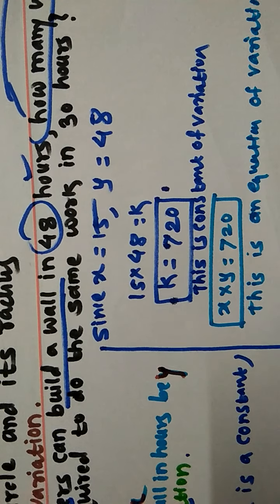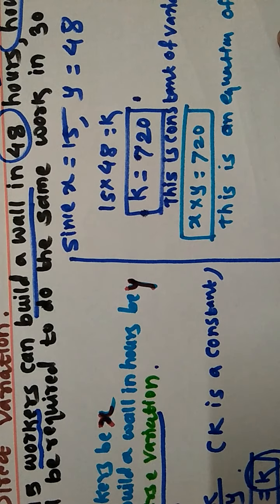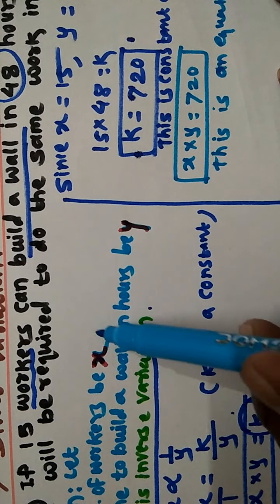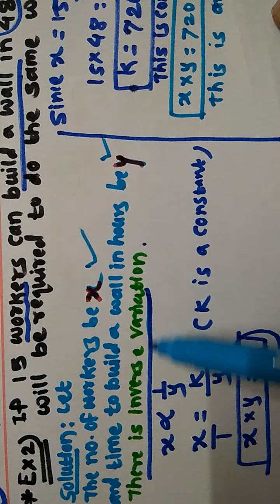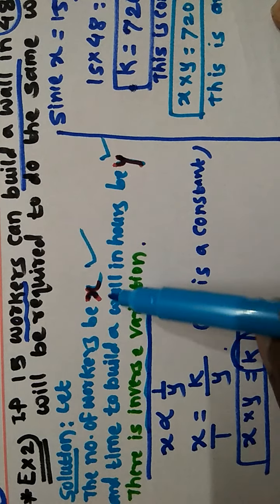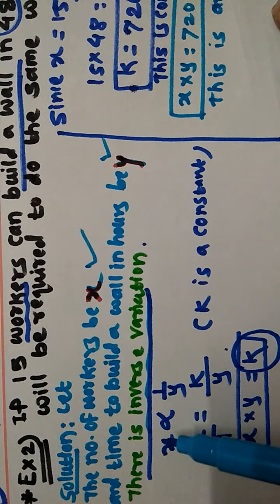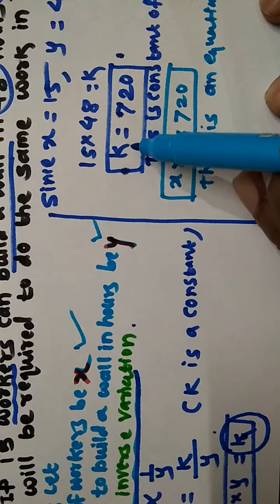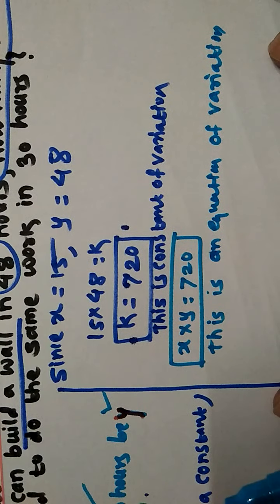To solve such type of questions, first you identify the variables, then identify the variation between those variables, take a constant and find the value of the constant. Putting the value of the constant in the equation, we get the equation of variation.